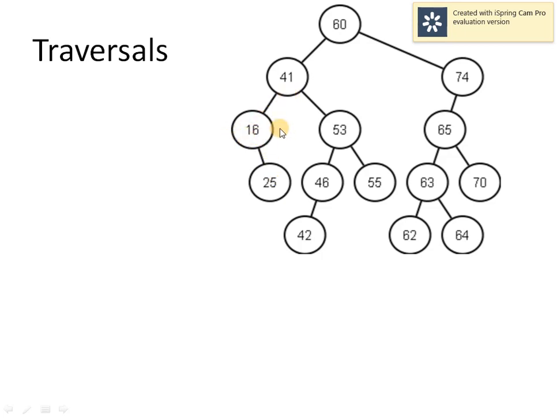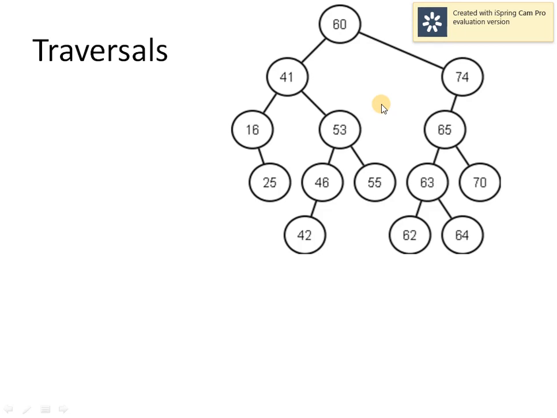If we talk about 16, its left part is null, but it has a right child, 25, which is greater than 16. In such a way we can check the property for each and every node, and you can see the properties are satisfied for each and every node. So the given tree is actually a binary search tree.